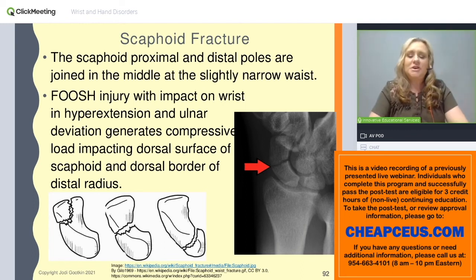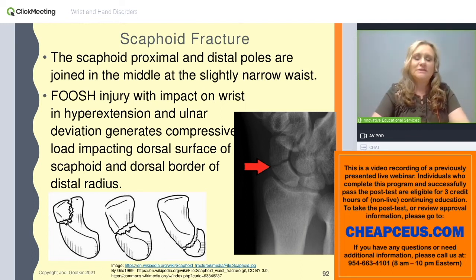It actually comes from the Greek scaphos, meaning boat. Because of the little curve of the scaphoid, it can fracture in a couple of different locations. We can have a distal pole fracture like on the left, a proximal pole fracture on the right, and then it also has a waist. It can fracture through the middle.